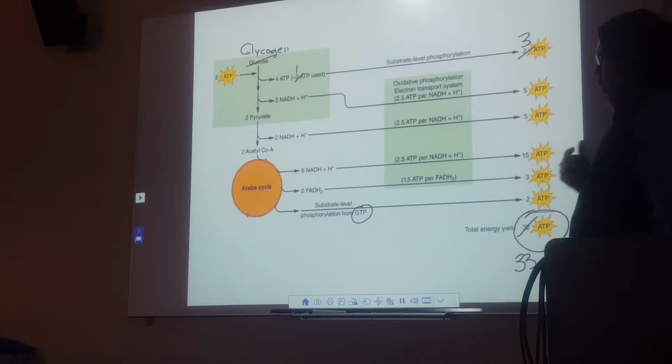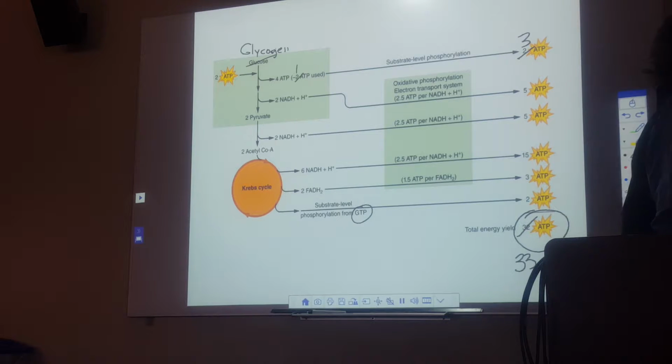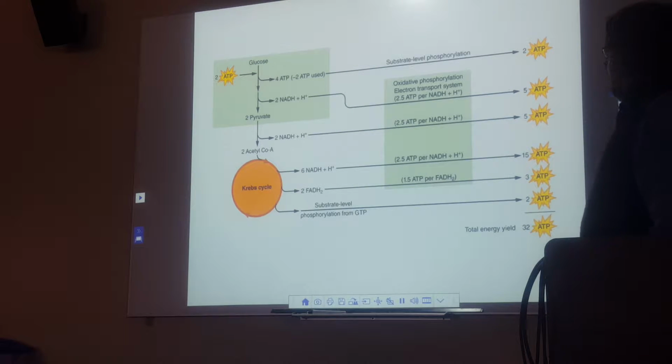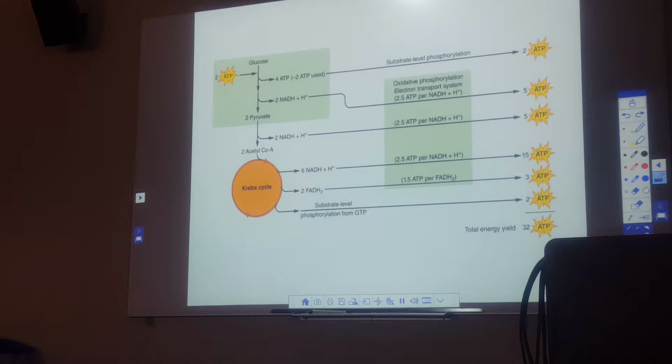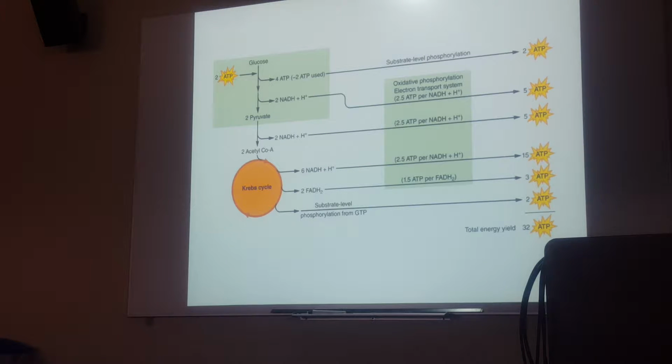So the next question is, what, let's erase this again. If it didn't cost us half an ATP to get NADH and half an ATP to get FADH into the mitochondria, what would the total yield be? 33 and 34, right?